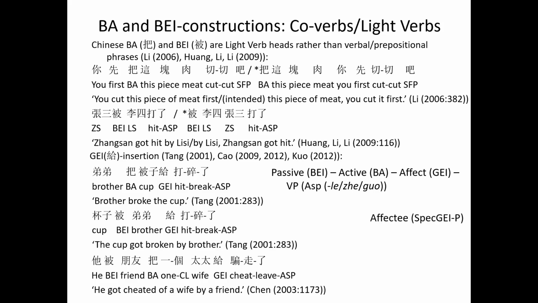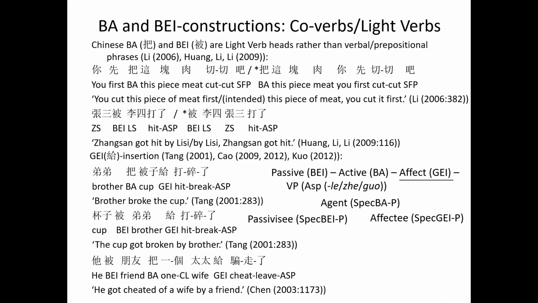And the three arguments that are being introduced seem to be the affectee in the specifier of gěi, the agent in the specifier of bǎ, and also the passive subject in the specifier of bèi. All right, so these are the three light verb heads that are merged above the lexical verb phrase.